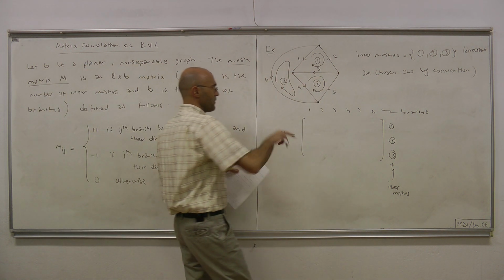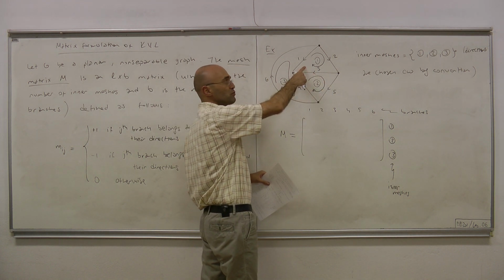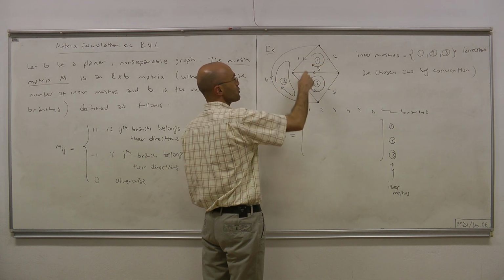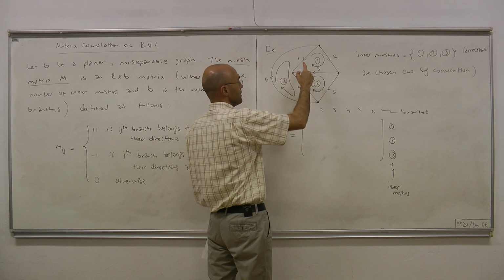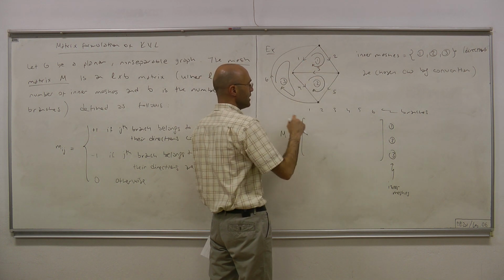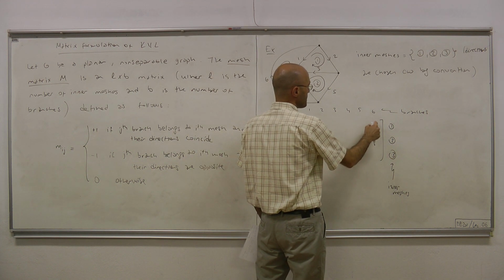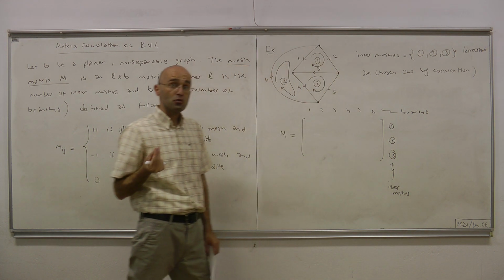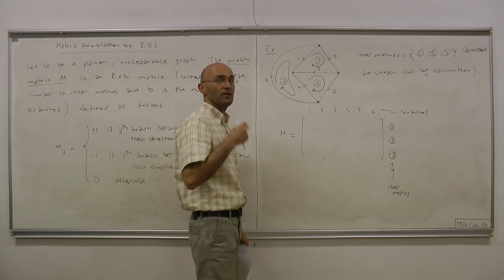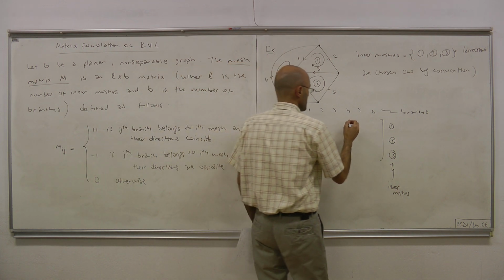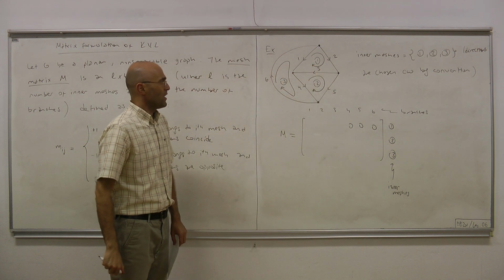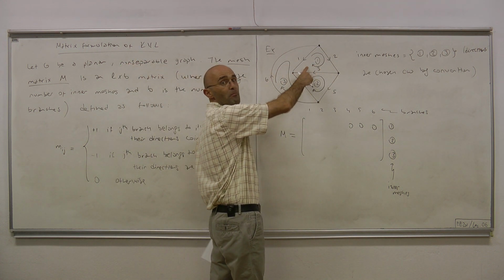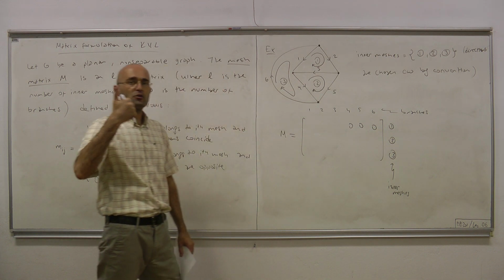Let's look at the first row, the first mesh. Related to the first mesh, we have 3 branches, 1, 2, and 3. So that means 4, 5, 6 don't belong to mesh 1, or they don't touch mesh 1, and the corresponding entries must be 0. Branches 1, 2, 3 belong to mesh 1, therefore the entries will be either +1 or -1.